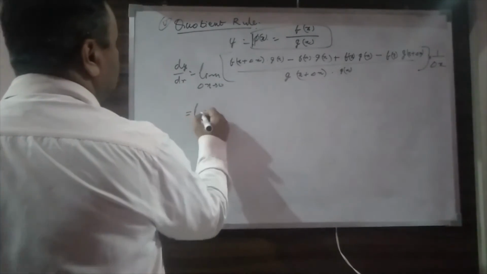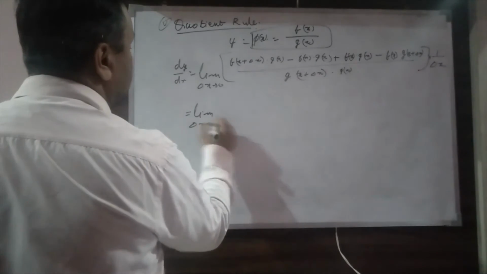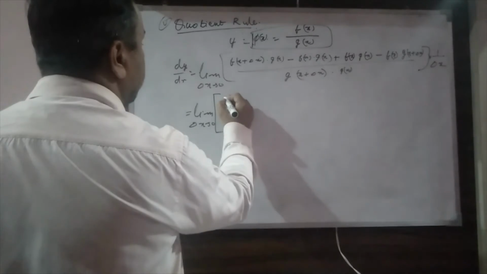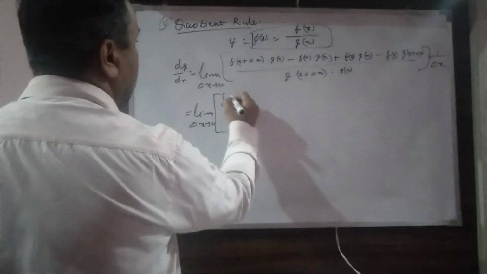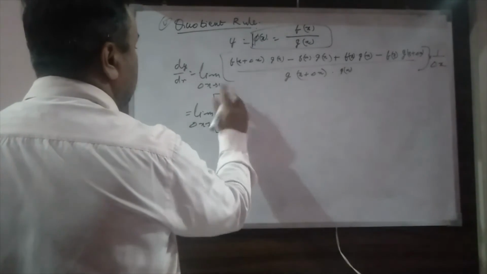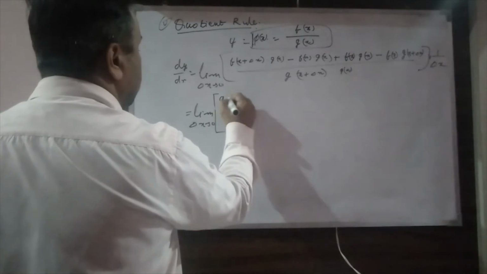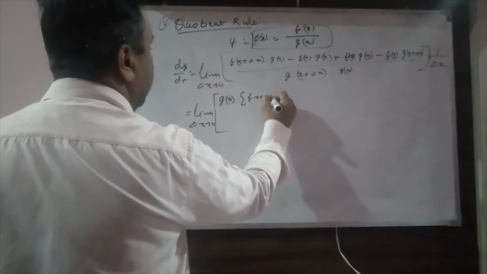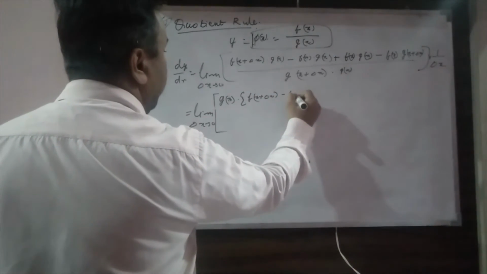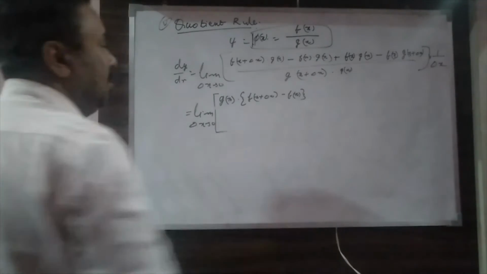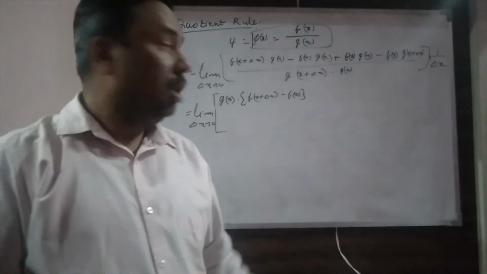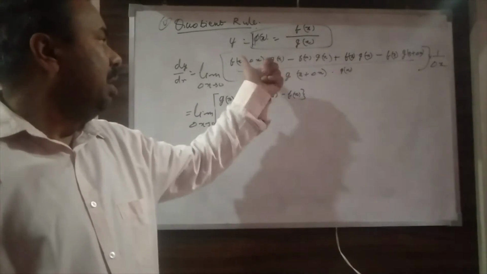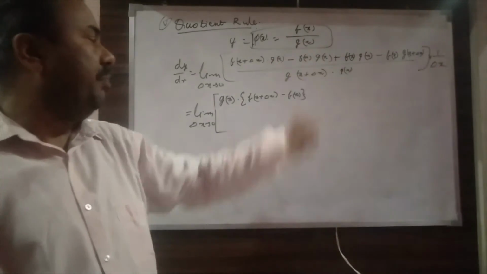So it will be limit delta x tending towards 0, g(x) multiplied by f(x plus delta x) minus f(x). This is g(x) I have taken common, then f(x plus delta x) minus f(x).